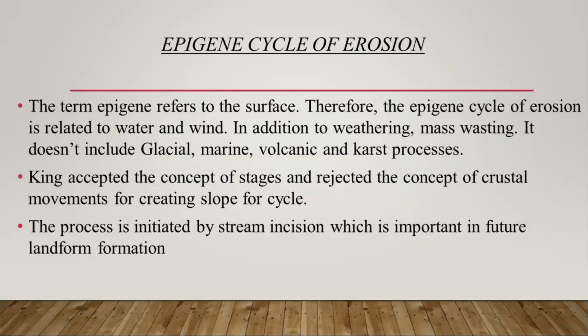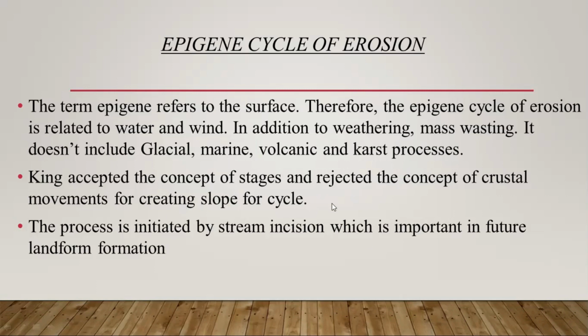Next, we come to the Epigene cycle of erosion. According to him, the term epigene refers to the surface. Now, he said that the epigene cycle of erosion is related to water and wind, and in addition to weathering and mass wasting, it does not, however, include glacial, marine, volcanic, or karst processes. He accepted the concept of stages but rejected the concept of crustal movement.